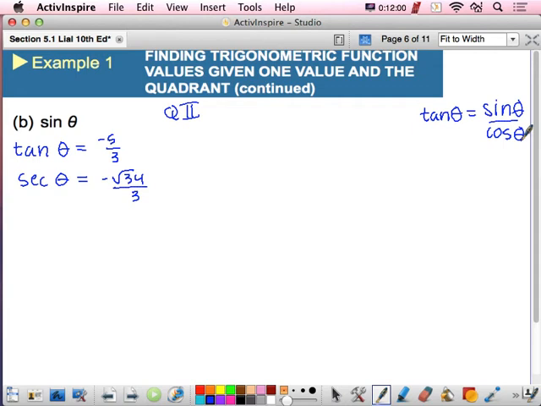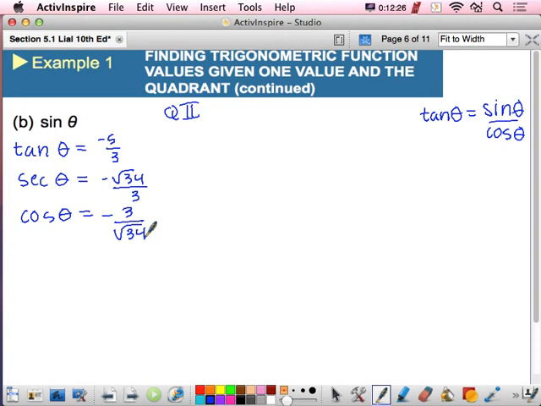Another option would be this. If I know secant, do I also know cosine? Think about it. I do. If I flip it, I know that cosine is equal to negative 3 over the square root of 34. Does that make sense? Okay. So technically, I'm not going to rationalize that until the very end. That's not my final answer, so there's really no sense in us rationalizing that right now.